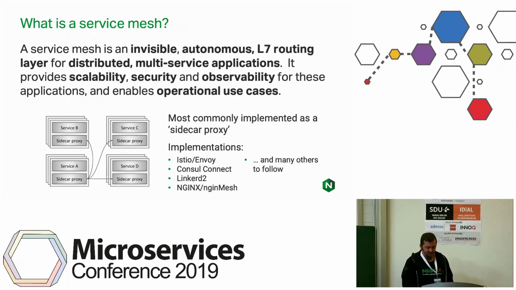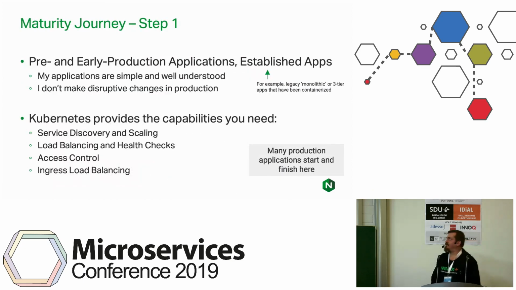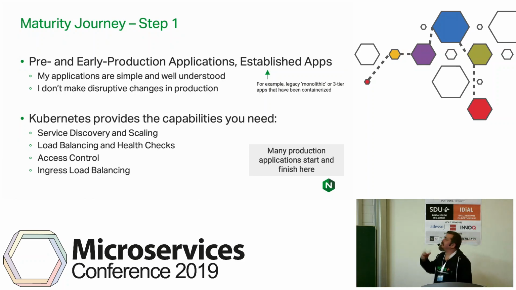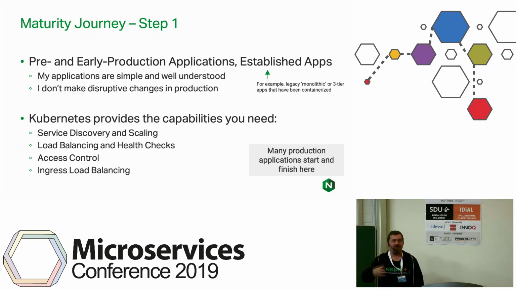So customers, end users, come to us and they say, we need a service mesh. When they do, we start thinking about where you are in what we call the maturity journey, and where you are heading. Where do you want to ultimately end up? What we find as step one is when you have early production applications, established apps. The applications are simple, well-defined, well understood.